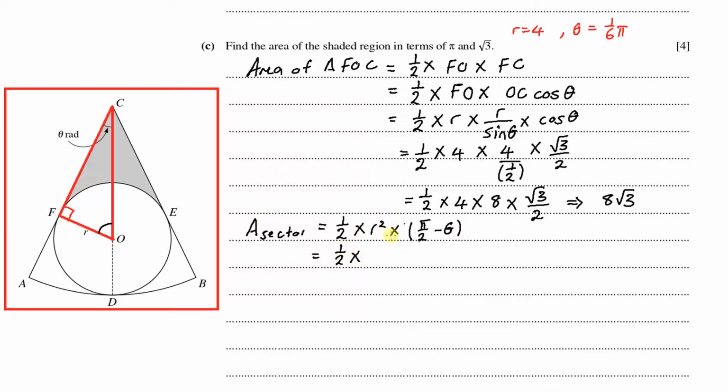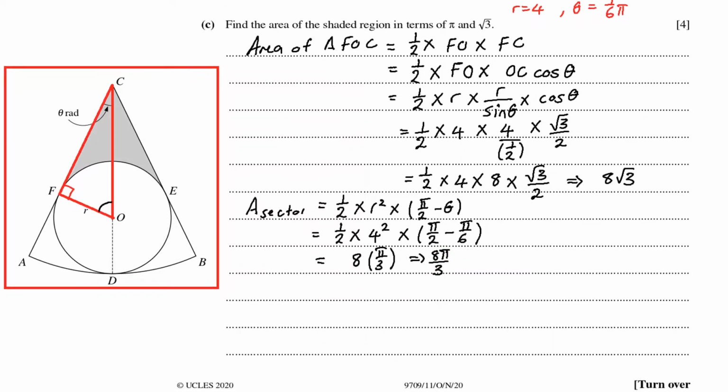R is 4, so that's 4 squared times pi over 2 minus theta, which is a 6th pi, or pi over 6. So we can simplify this. It's half times 4 squared, which is 16. So half of 16 is 8. And pi over 2 minus pi over 6, we get pi over 3. So the area of this small sector should come out as 8 pi over 3.